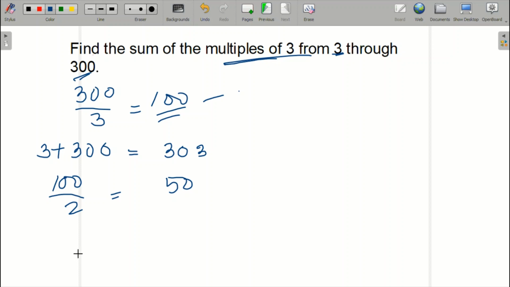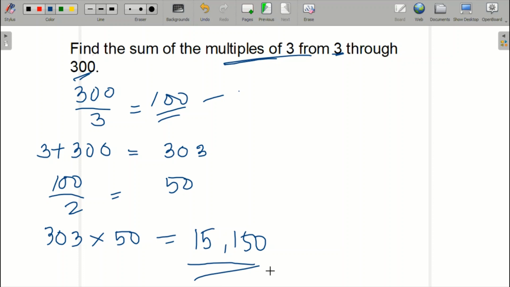Next we're going to multiply 303 times 50. Now the answer is 15,150. Now that is the sum of the multiples of 3 from 3 to 300.